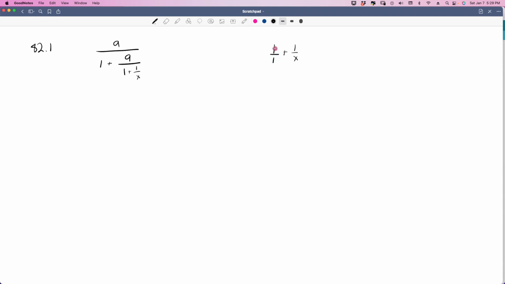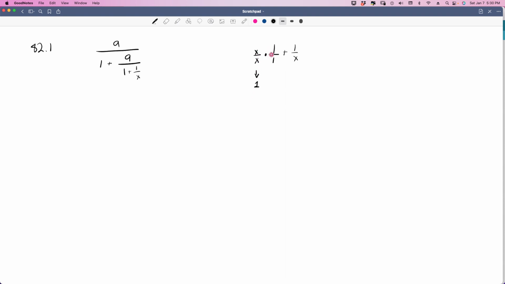So what we're going to do is multiply this fraction right here by x over x. It doesn't matter what x is, because we know the same number over the same number is still equal to 1. This is still 1.